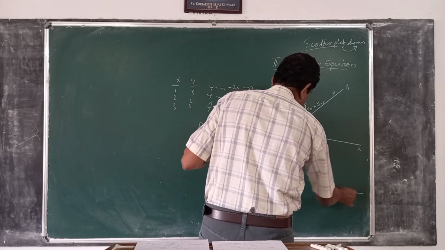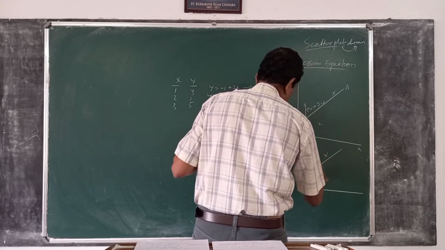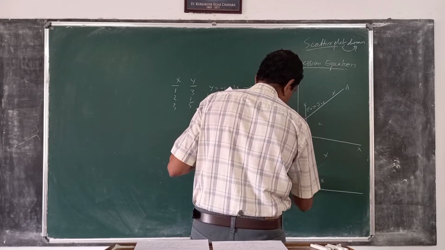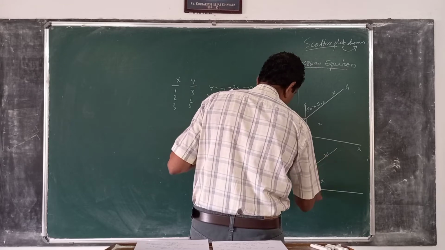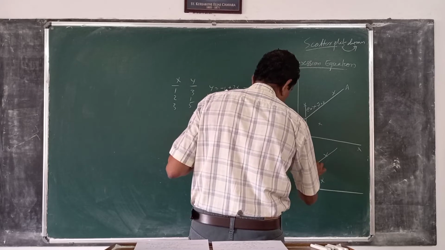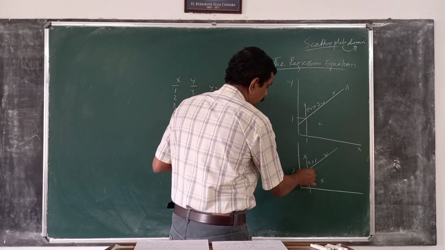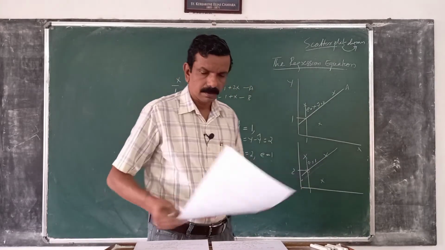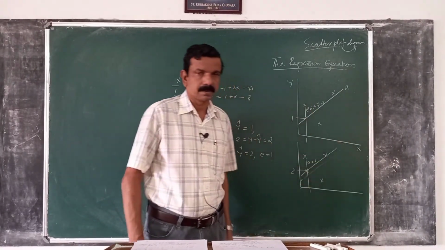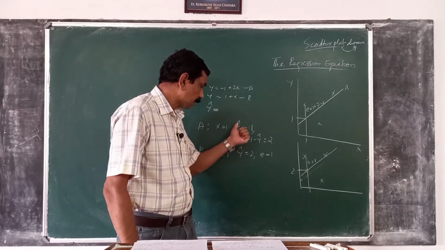Then if the line is B, when x is equal to 1, the predicted y is 2 and E is equal to 1, the error, like that. And you repeat this for all x, y values, x1, x2, x3, etc., and the corresponding y hats.